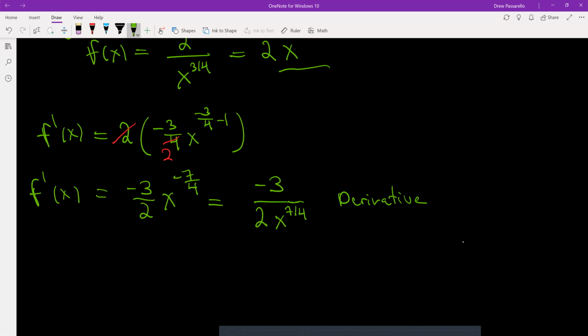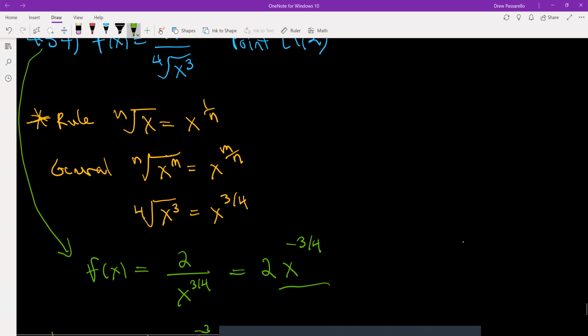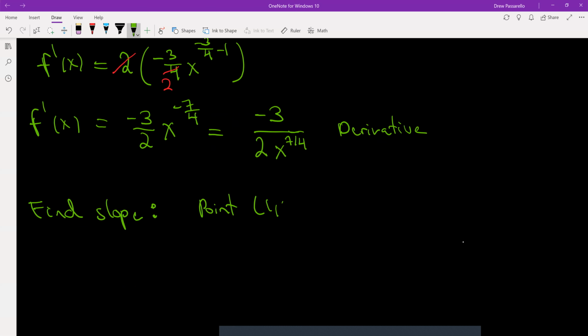So now I find the slope. All right, and the point that we're given in the question is (1, 2). So I only focus on the x coordinate since the function itself only has x. So I'm going to find m is equal to f prime of 1, just plugging in the x coordinate 1.